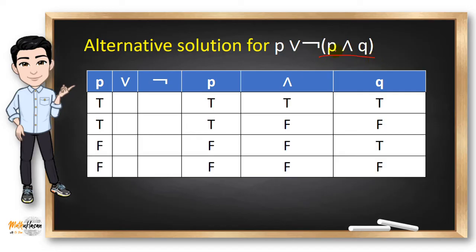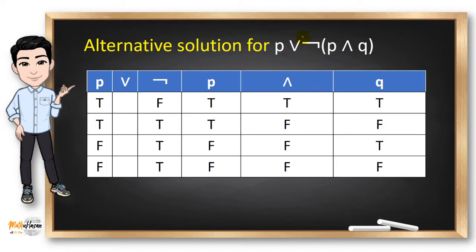After getting this, we need to follow negation. And we need to negate this column, right? So we just need to look at this column because it's the answer in the previous operation. Now, the negation of true is false, and the negation of these three values are all true.